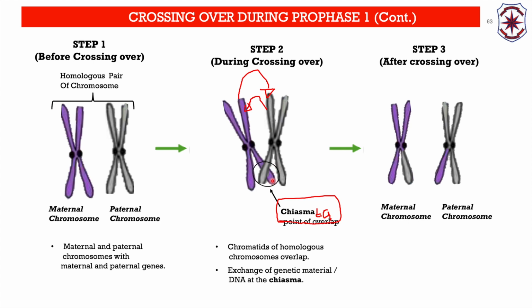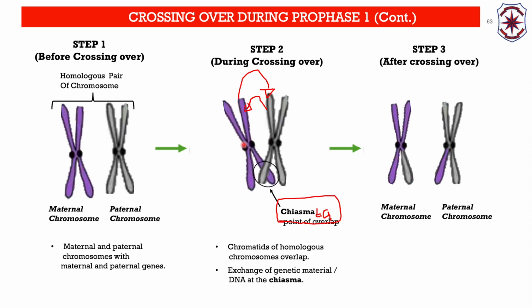Okay, guys? Only where they overlap. That is where there is going to be an exchange of genetic material. Hence, these chromosomes show crossing over at the bottom inner chromatids, not the whole chromosome overlapped.